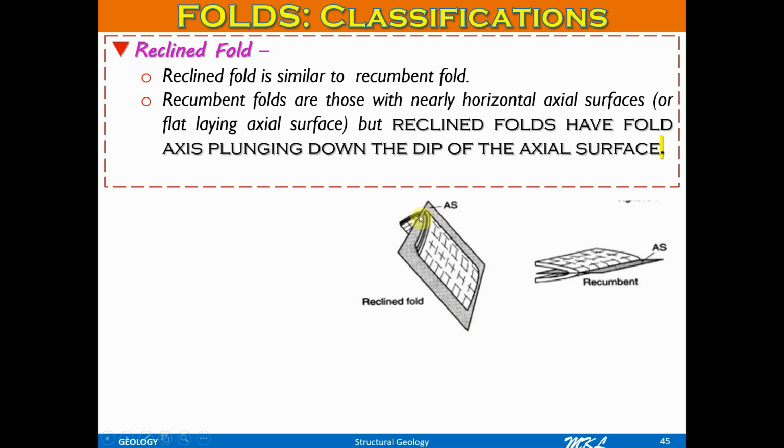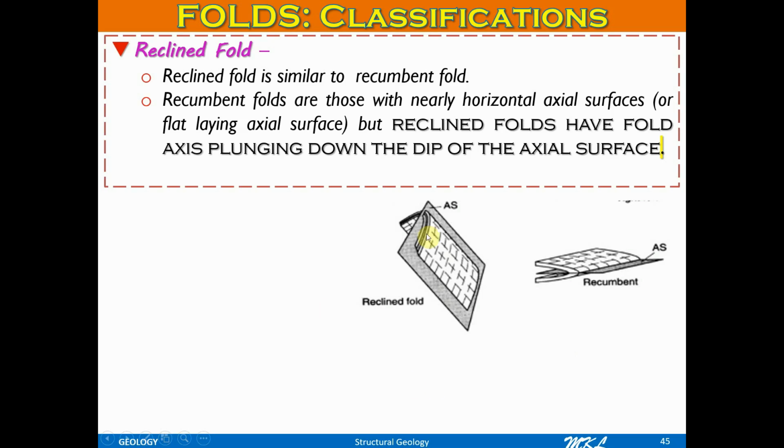Suppose this is the axial plane of this fold, and as you can see here the axial plane is dipping in this direction, and in the same direction the axis is also dipping. So the reclined folds are those with fold axis plunging down the dip of the axial surface.